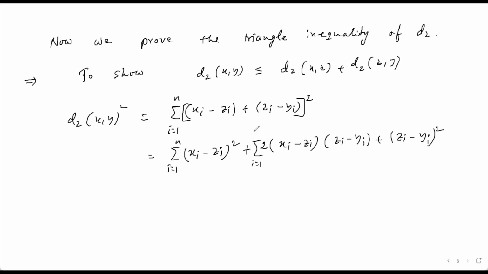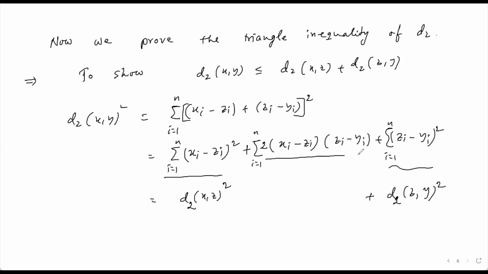Now the first term is nothing but d2 of x comma z square, and the last is d2 of z comma y square.